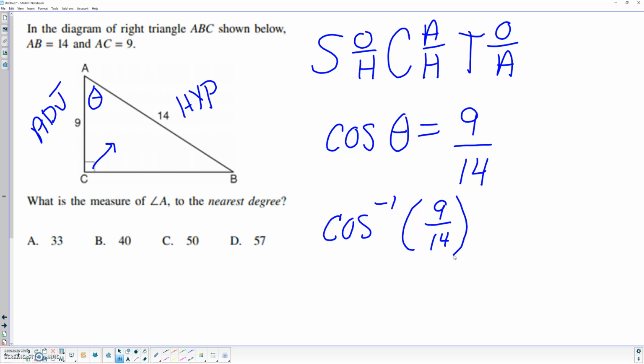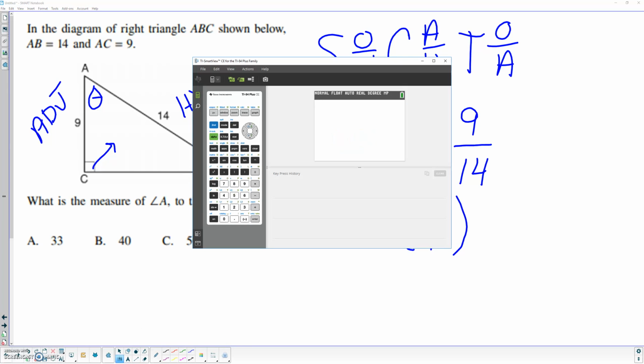All right, so here's what this is going to look like in our calculator. All right, so again, your calculator should already be set to degree mode. So we're going to type in second cosine 9 divided by 14.